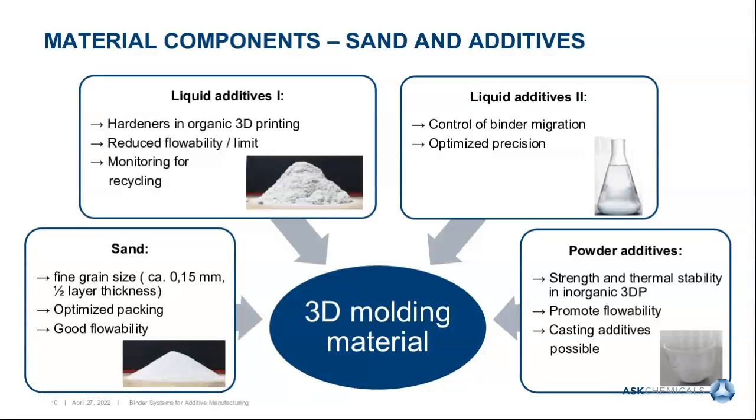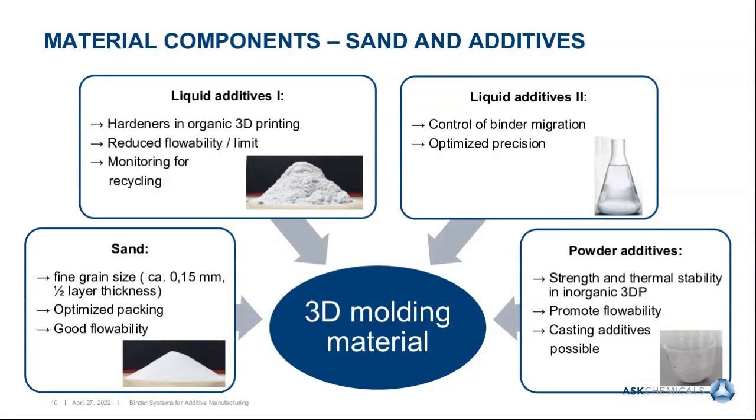A second category of liquid additives can be used to control binder migration after printing. So when the binder is printed onto the sand, those additives can be used to control the spreading of the binder in the sand layer, which can lead to optimized precision in the printed parts. The last category of additives which can be used are powder additives.